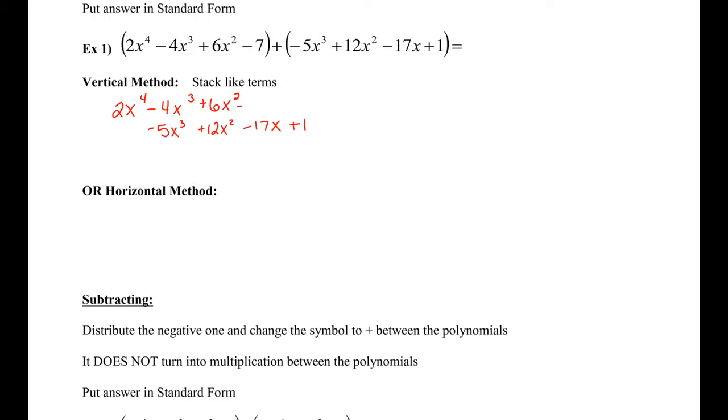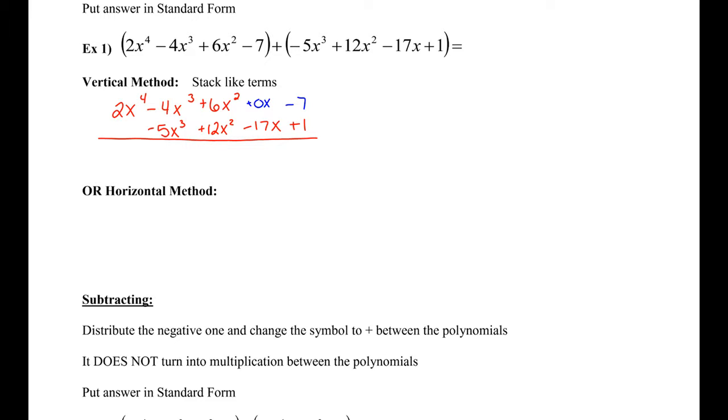So for this one, I'm going to move the -7 over in order to have the like terms and line up the fact that I'm missing the x in the first polynomial. You could also add 0 there if you don't like leaving a blank space.